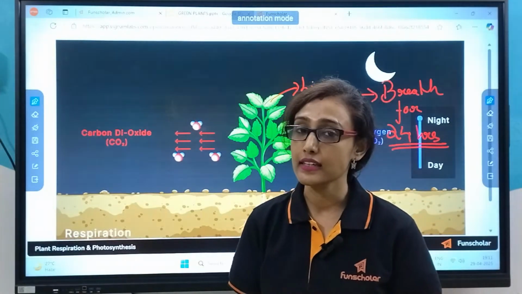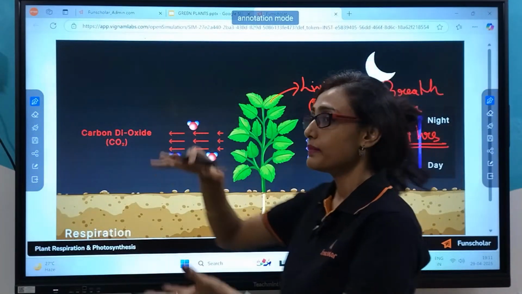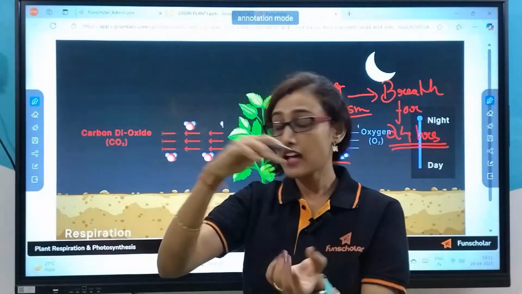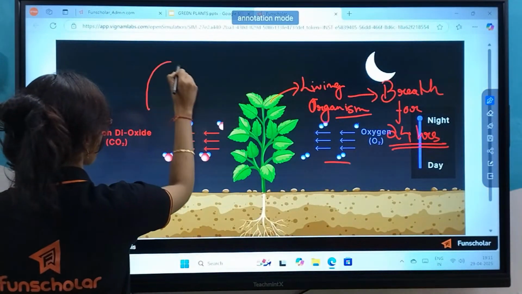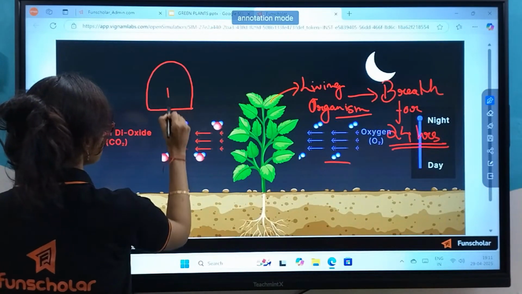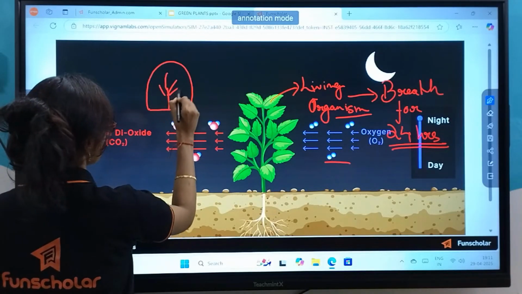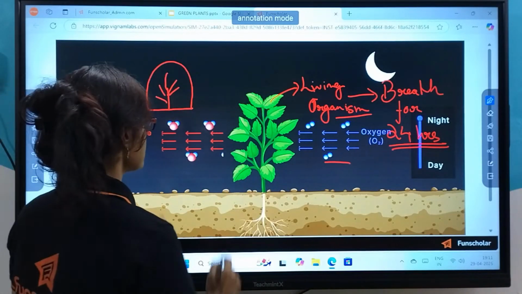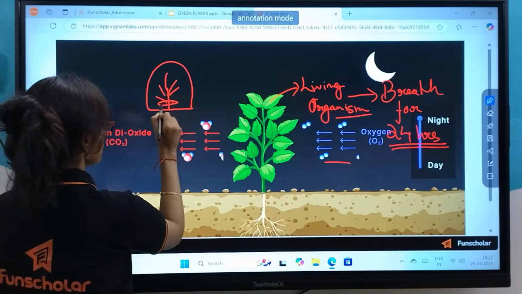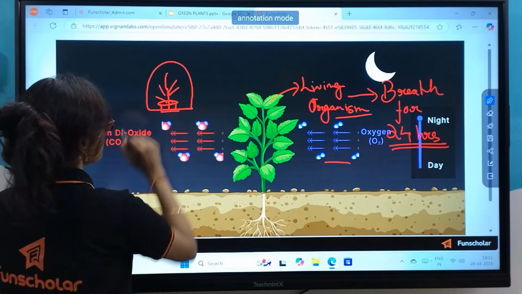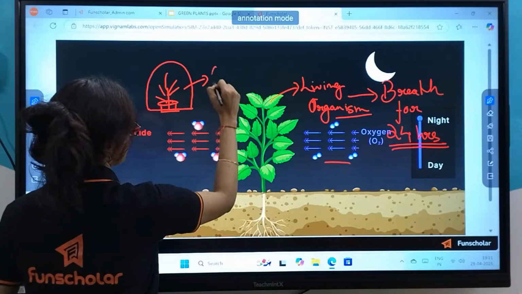It will die. If you keep a plant in a jar, in a glass jar like this, suppose this is a plant. Don't go with my drawing, just understand the concept. This is a jar, glass jar.